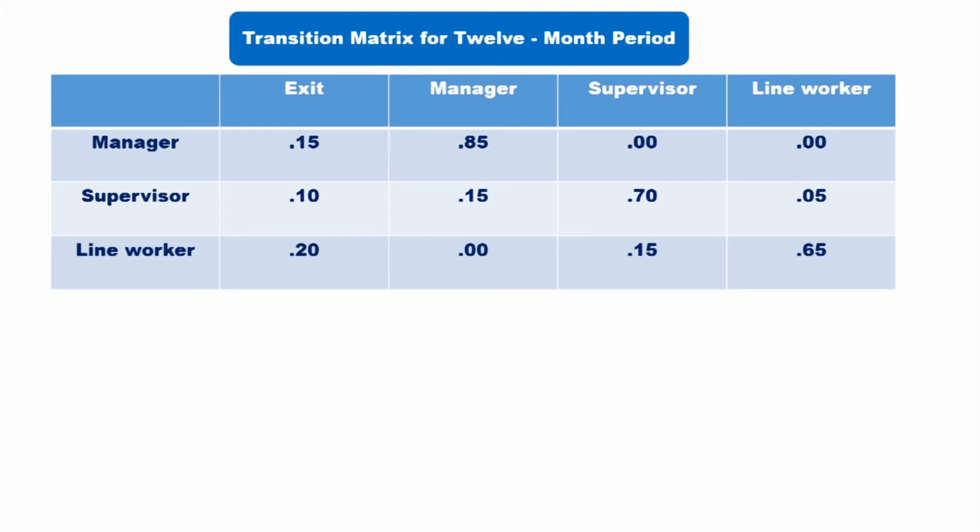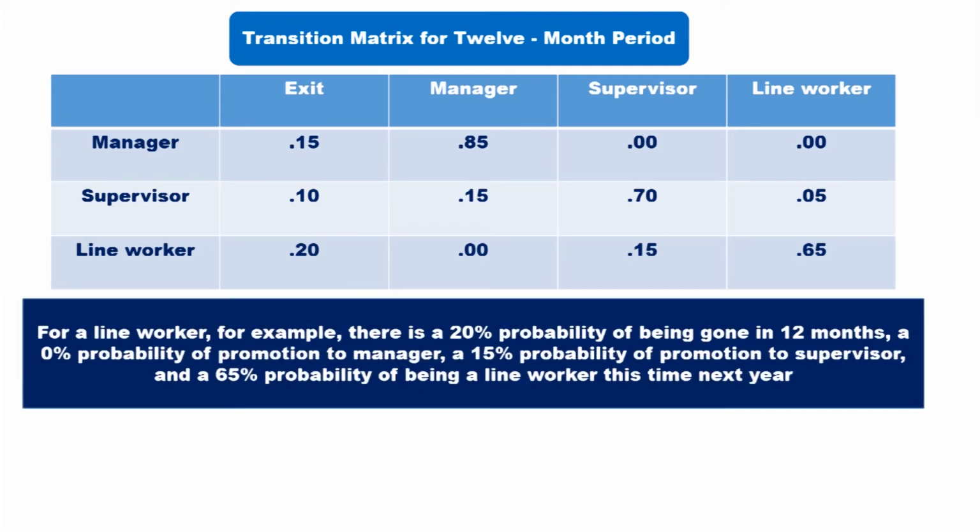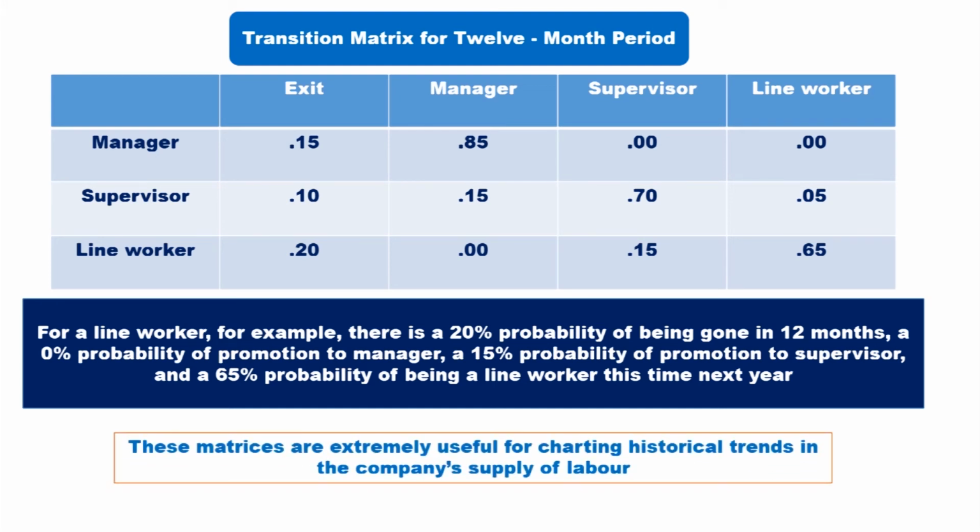Now, looking at this, for a line worker, there is a 20% probability of being gone in 12 months, a 0% probability of promotion to a manager, and a 15% probability of promotion to supervisor, and 65% probability of being a line worker this time next year. So these matrices are extremely useful for charting historical trends in the company's supply of labor.